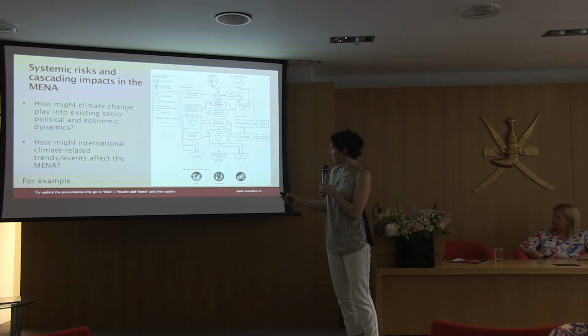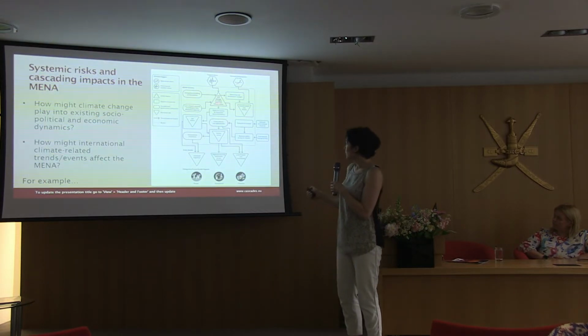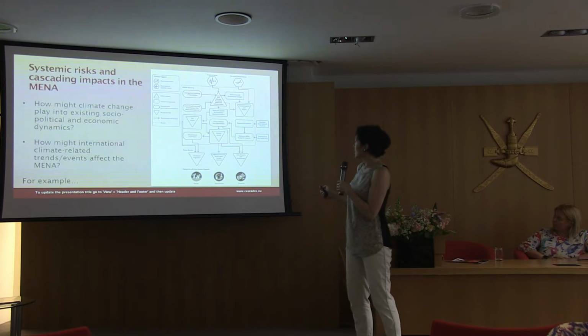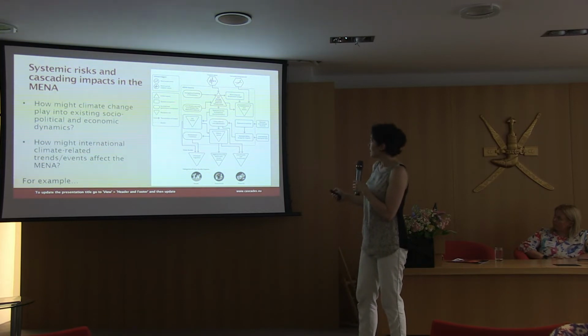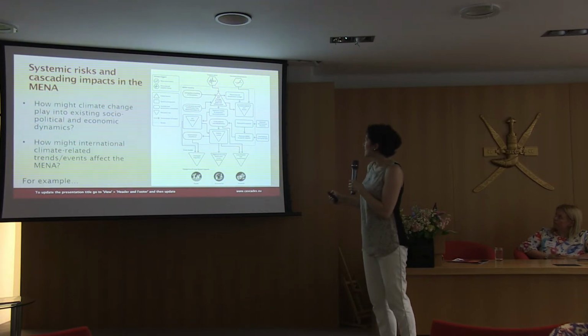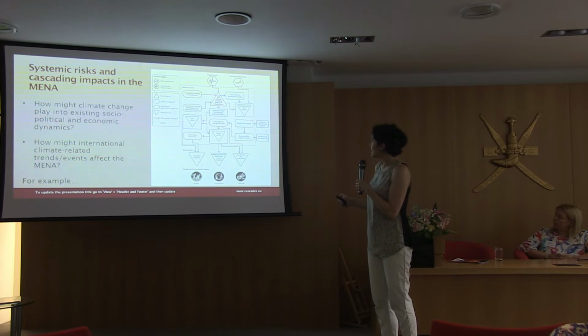So this is how we visualized how climate change might play into existing socio-political and economic dynamics. This is a slow onset change, increased temperatures, and this is a hazard, like a tropical storm, and this is how it might have an immediate initial impact in a country or a region.